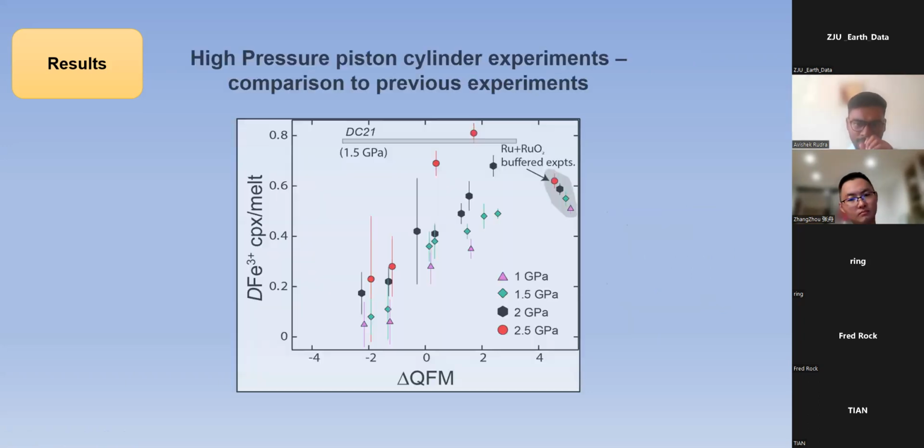So what we tried to do is to compare that with previous experiments. There have been no high pressure experiments where people have previously measured ferric iron accurately with XANES or other methods, so we have very limited background knowledge about this problem.